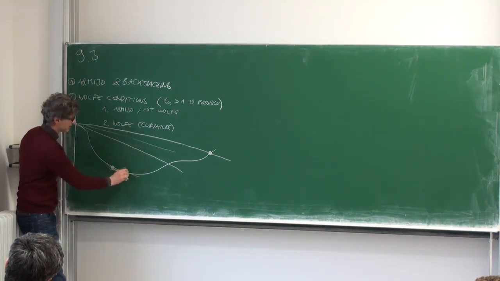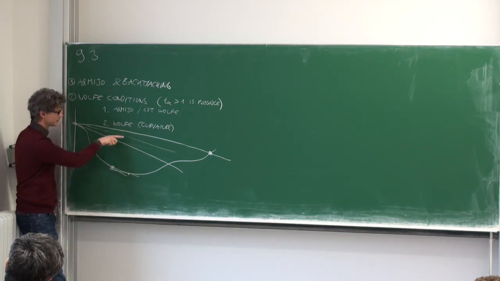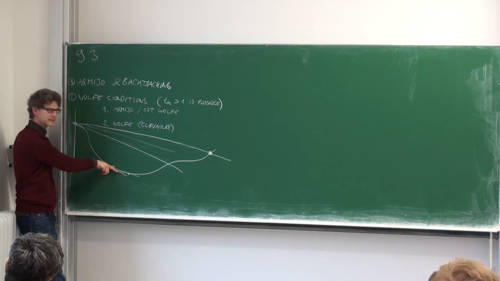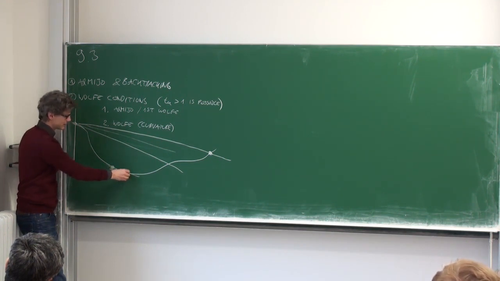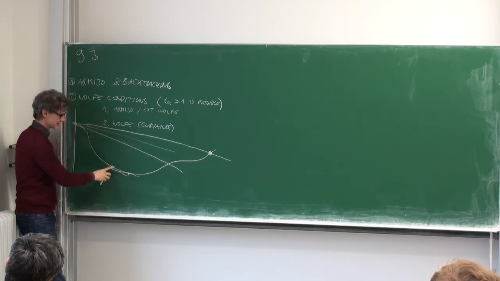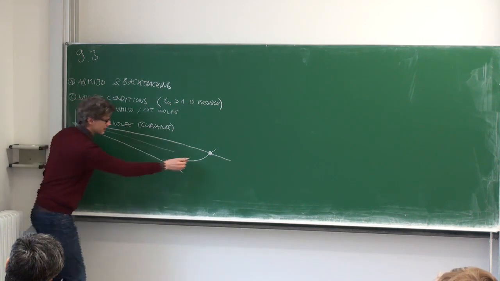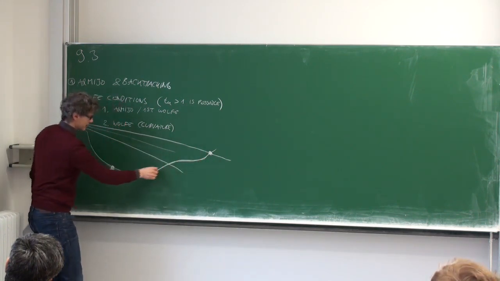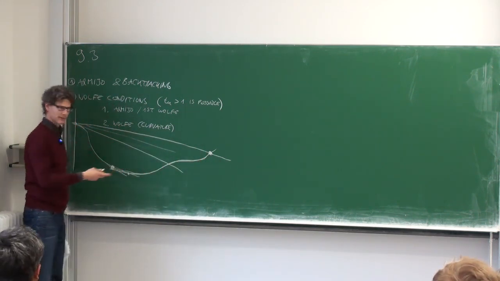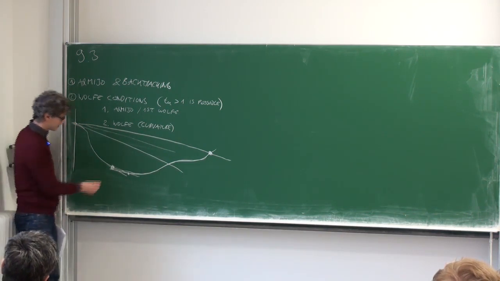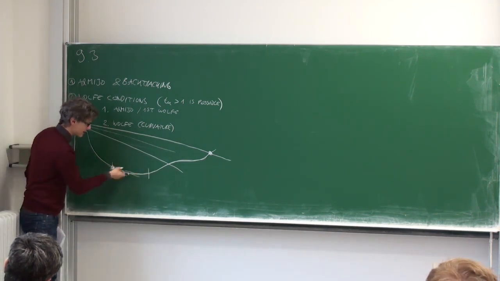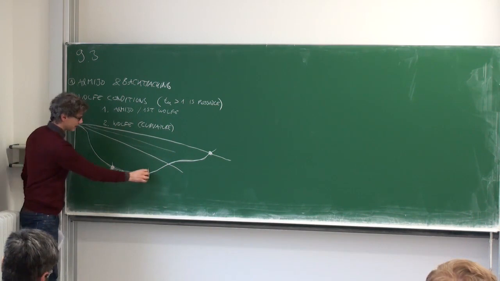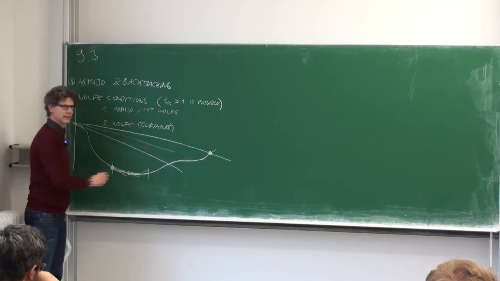And the second Wolfe condition says the slope should be bigger than something which is even less restrictive. So this point, which is parallel to that, already satisfies the second Wolfe condition, and all points from here on satisfy it. So it's any point on this interval that satisfies the second Wolfe condition. There was a strong version which would say that upward slopes are also forbidden, so then we allow only these points.